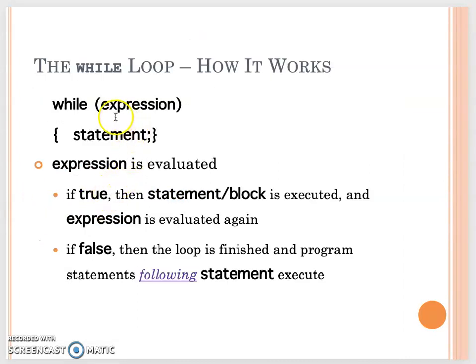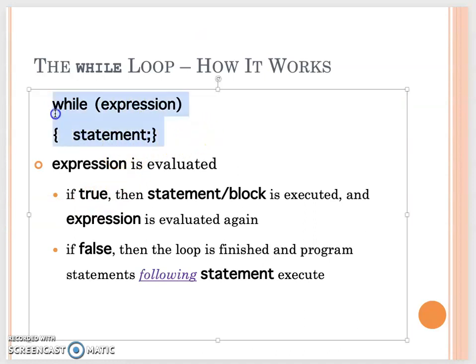That's why we see again the while loop expression like this. The expression is a logic condition, so every time you will evaluate this expression. If this expression is true, then we execute the whole code block.